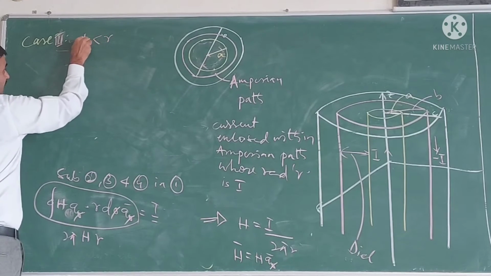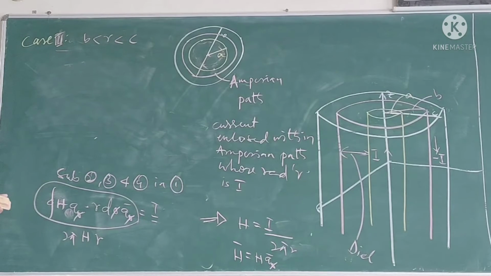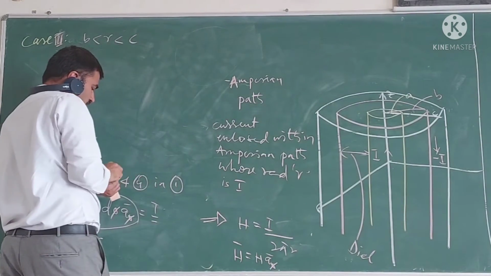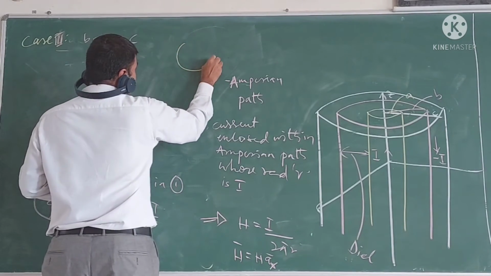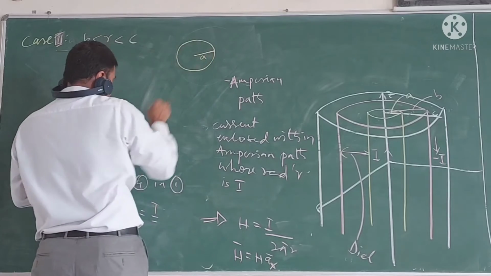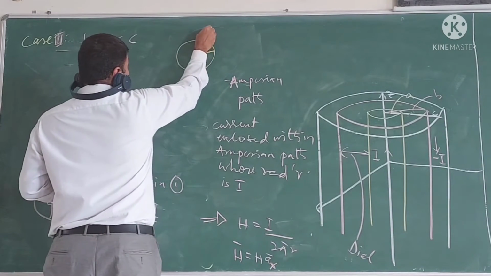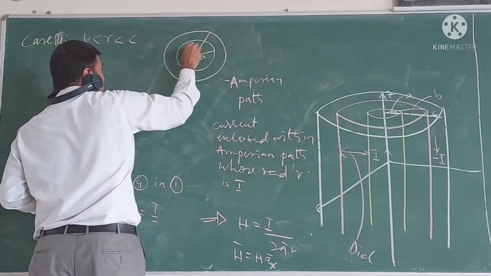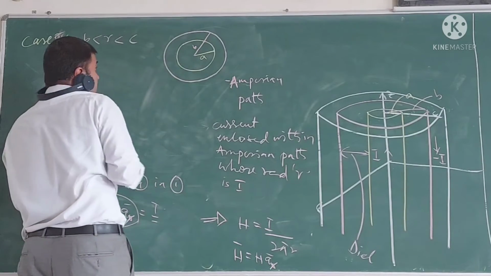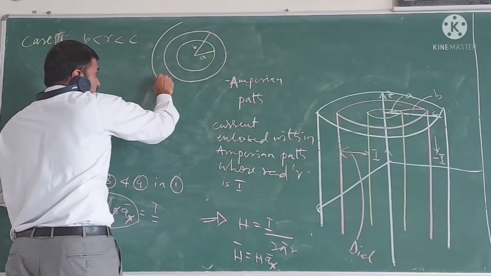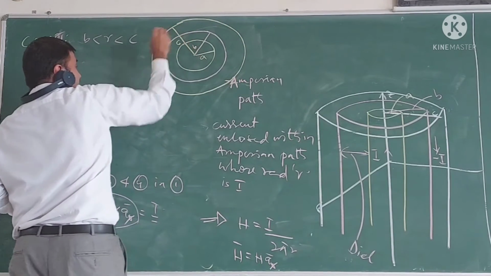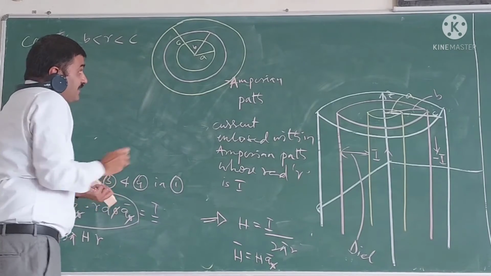R greater than B and less than C. This is the radius of the inner conductor A. This is the inner surface of the outer conductor whose radius is B. And this is the outer surface of the outer conductor whose radius is C. Where will be the Amperian path?